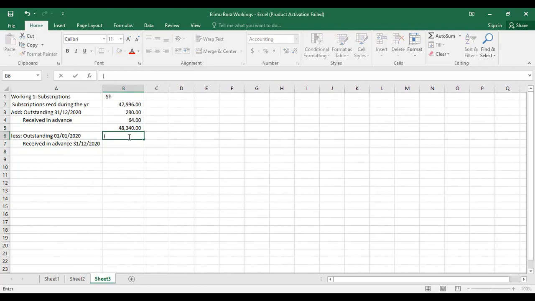These are minus, so put it in bracket. And then what was received in advance as at 31st December 2020 was 100. Again, we are deducting, so I put that amount in bracket. So what I'm going to get now is the subscription for this year, right?